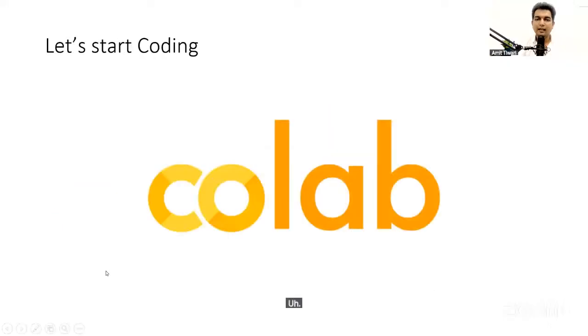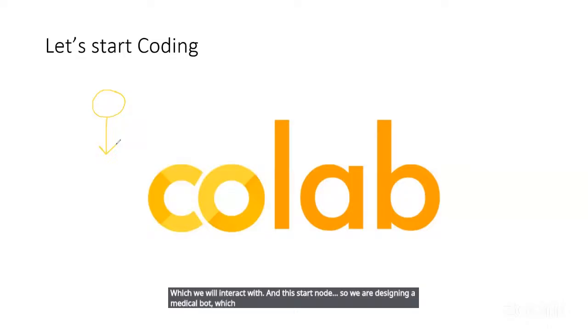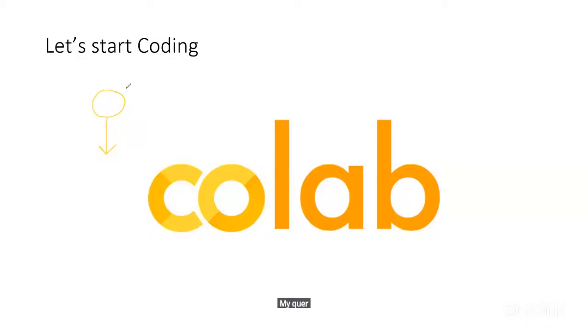So let's start coding, and I have given an idea. I'll just describe it here also. We have a start node which we will interact with. We are designing a medical bot which classifies my queries. It asks a user what problem they are facing, and it classifies these queries into different categories in medical.